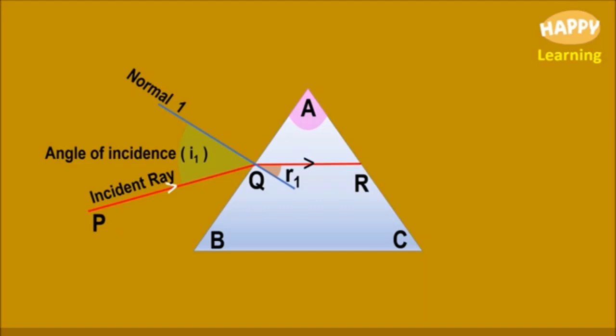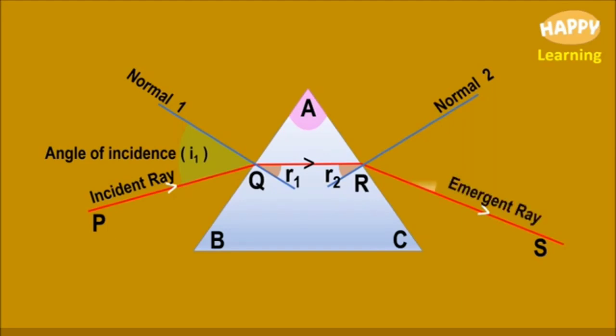R1 is the first angle of refraction. A second normal is drawn to the second refracting surface of the prism. R2 is the second angle of refraction. RS is the emergent ray, and this is the angle of emergence I2.